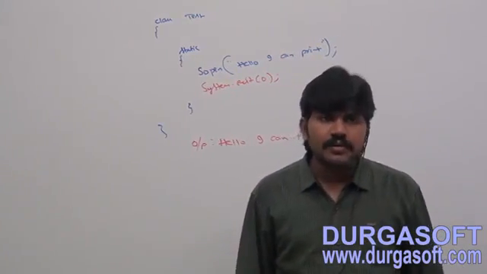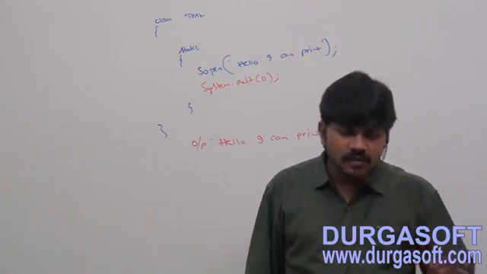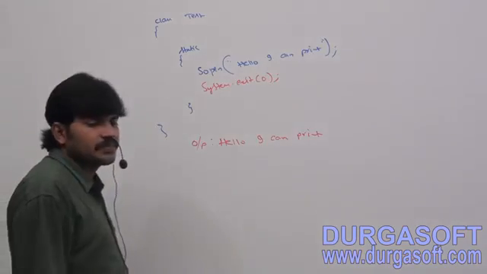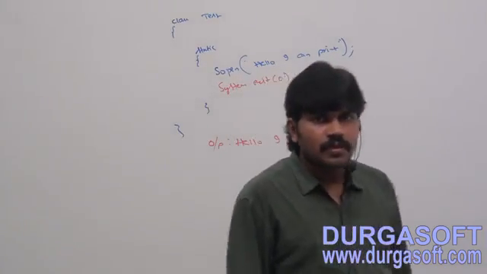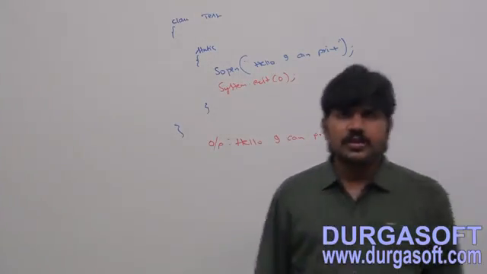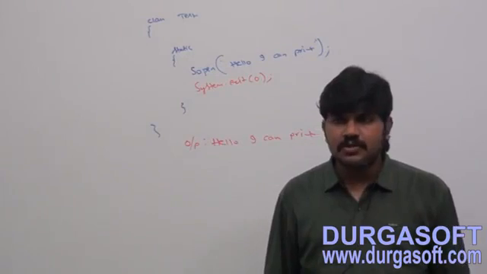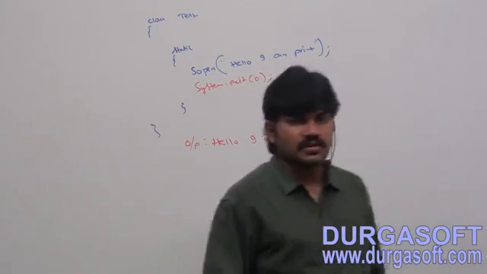Without writing main method or static block, is it possible to print some statements to the console? Can you tell what the answer is?